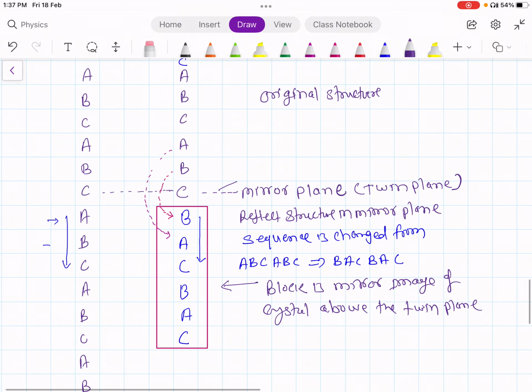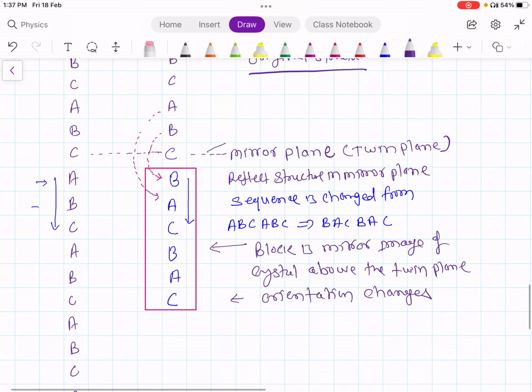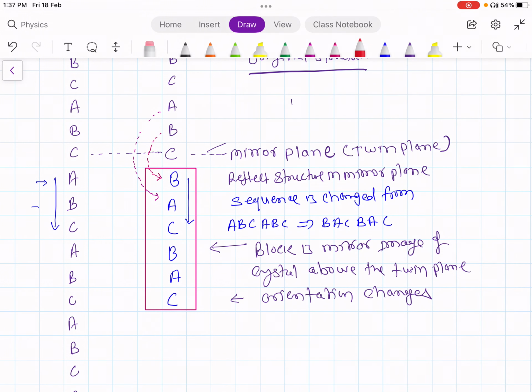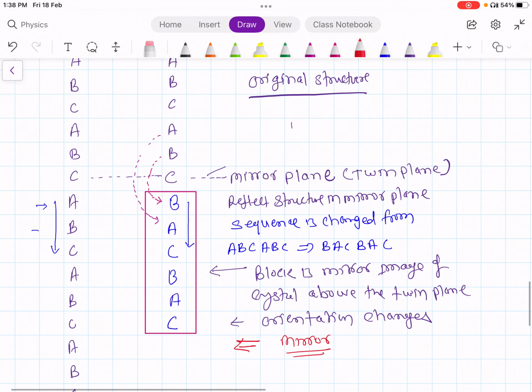And obviously, in this case, the orientation changes. These two orientations are related by the mirror image. So this is the original structure here, and what I get here is the mirror structure. So this is the mirror image of the original structure.